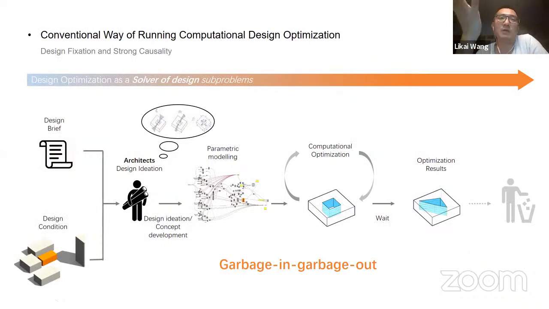So when we know the challenge and the technical difficulty of achieving a very informative design optimization process, we can see that with this conventional way of computational design optimization, usually they cannot help us to overcome our design fixation and also have a strong causality, because the design you put into the parametric model usually is the design the optimization gives to you.